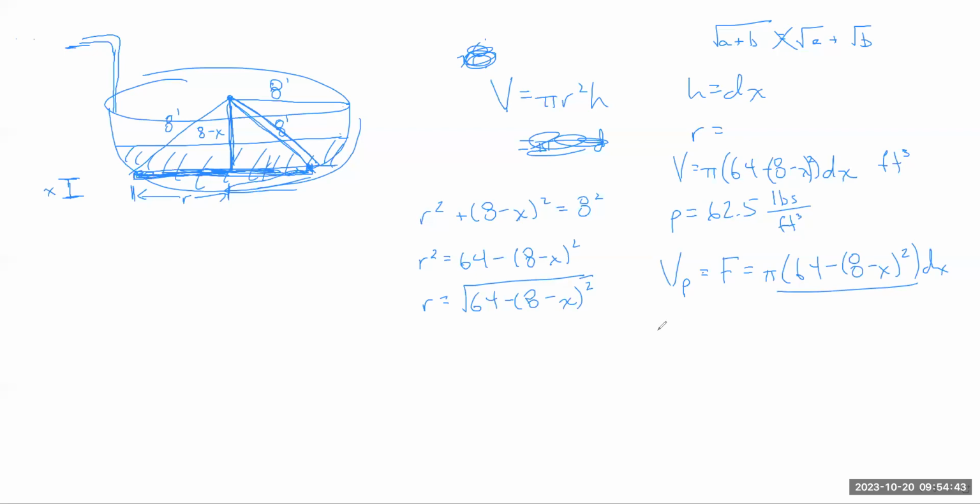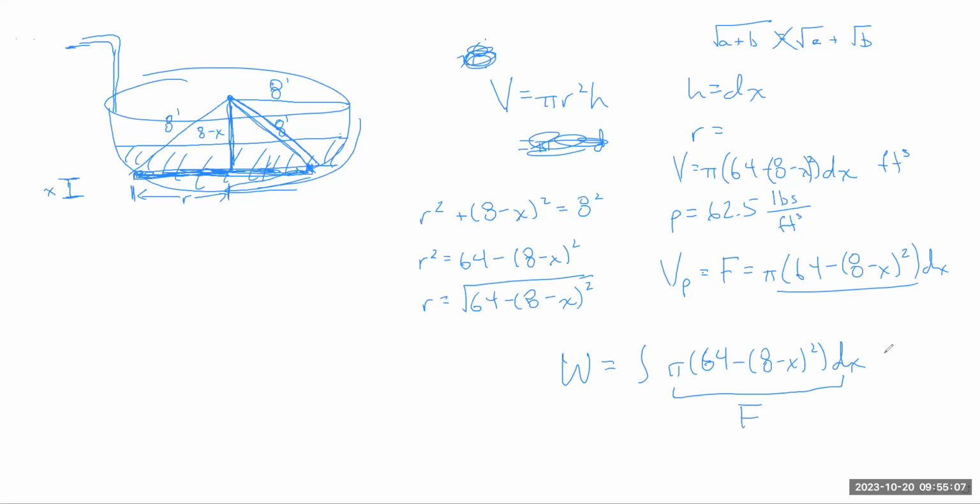Now what? We need to find displacement. So let's start setting up the integral. We have a force: pi times (64 minus (8 minus x) squared) dx. This is the force part of the work integral.